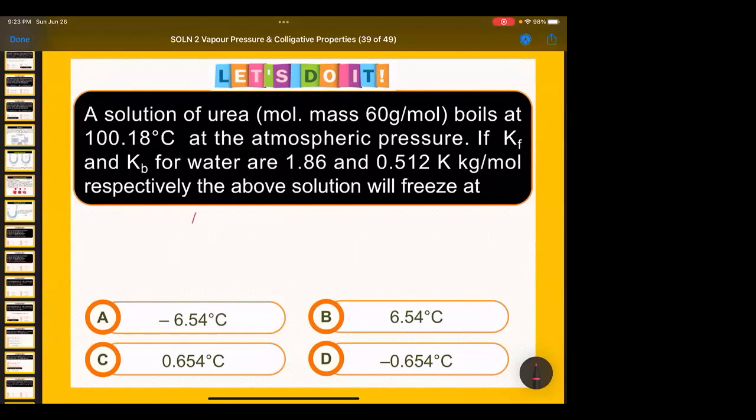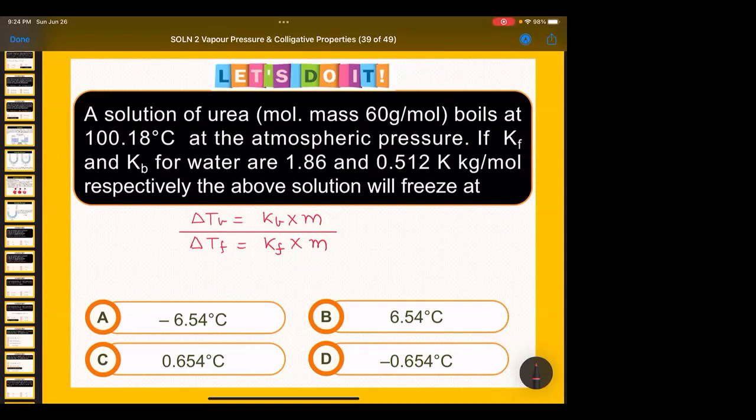Yeah, so delta Tb is equal to Kb into molality, that we know. Similarly, delta Tf is equal to the molar cryoscopic constant, that is Kf into molality, right? We can divide them, and we will get delta Tb by delta Tf equal to Kb by Kf.